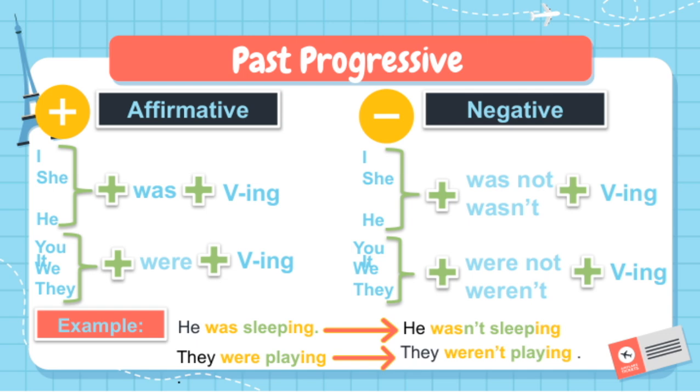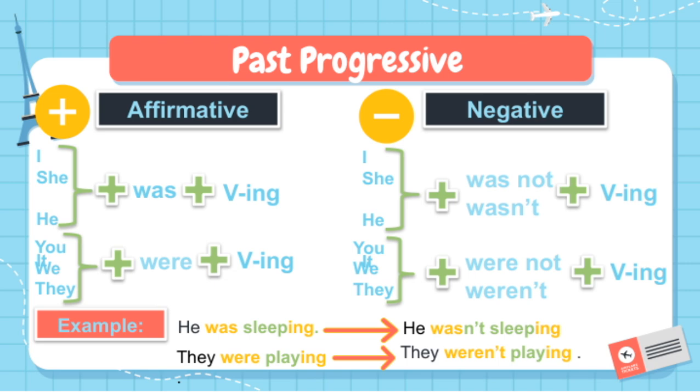Moving on, we see he wasn't sleeping, which again is negative, showing that he was not sleeping during that past moment. The contraction wasn't is used here, combining was with not. And lastly, he was sleeping confirms that he was in the process of sleeping at that particular time.